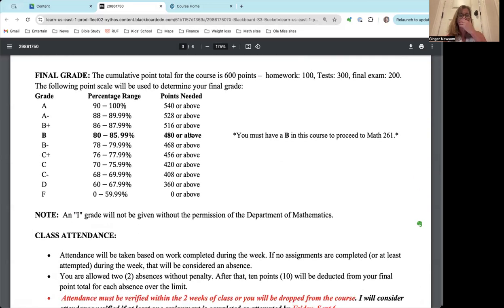Okay, our final grades. Our grades are based on a plus minus scale, A and A minus. And this just kind of shows you how we will calculate your final grades. Let me say first that our plus minus scale is not the same as the university's. So if you're taking other courses, just know that this is altered a little bit.